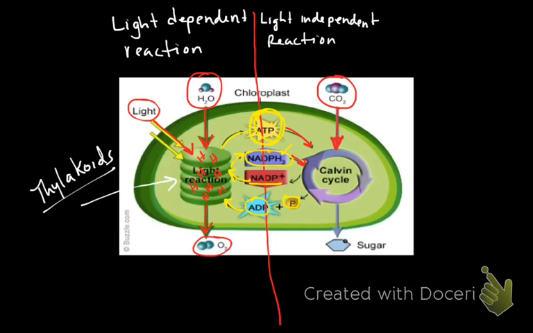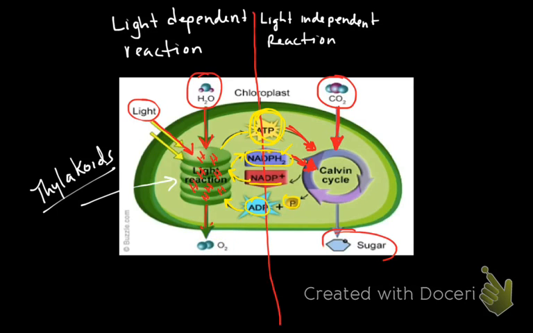The carbon dioxide and the NADPH combine, and they use this ATP right here to make sugar.